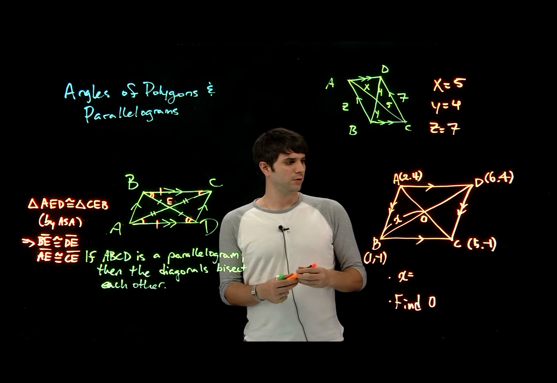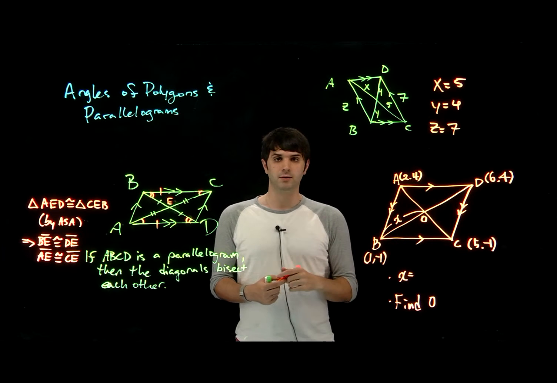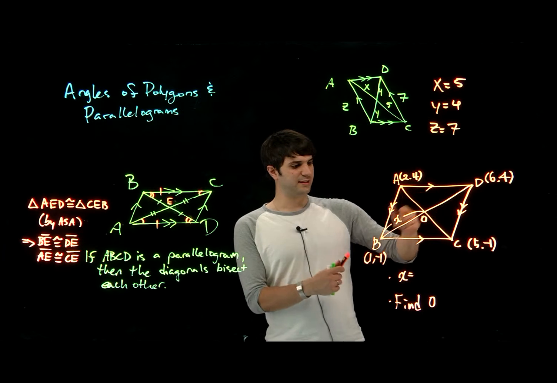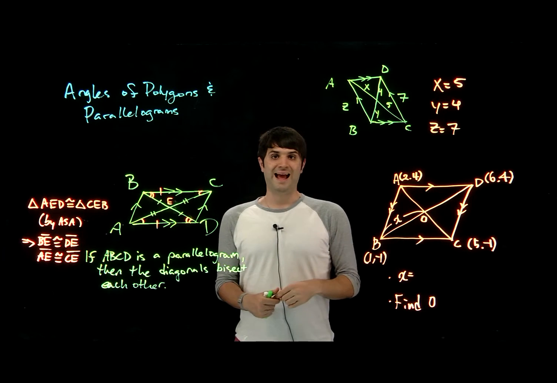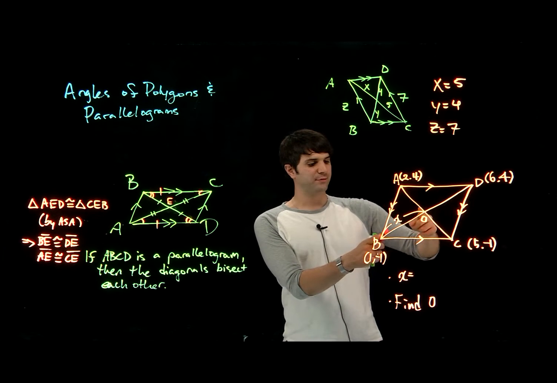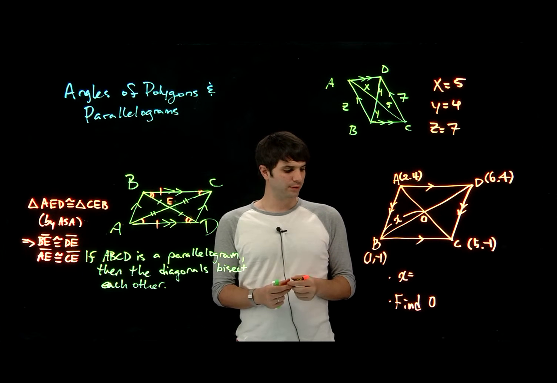Well, first of all, we need to find the distance of BD, and because it's a parallelogram, half of that distance is going to be BO.